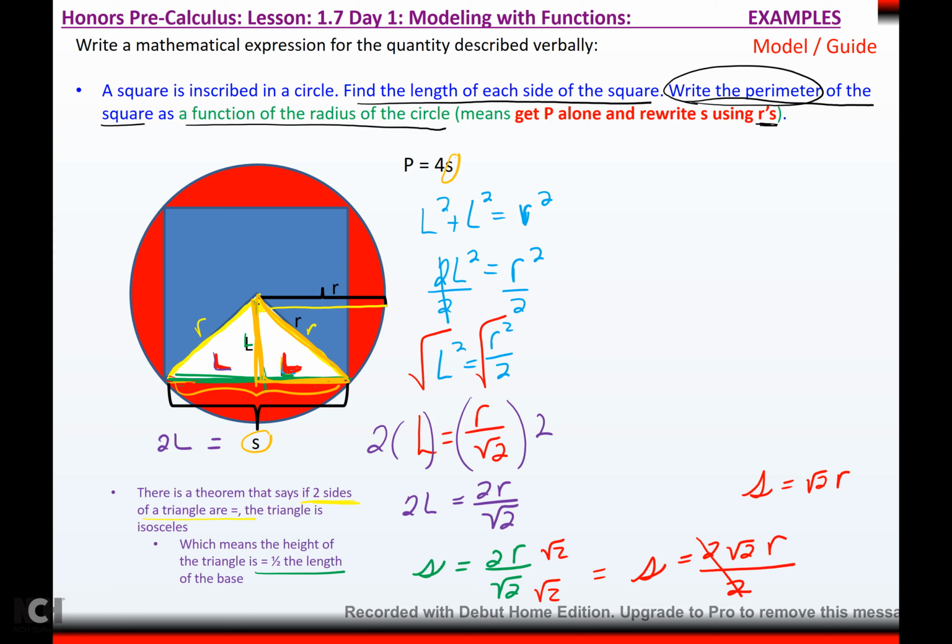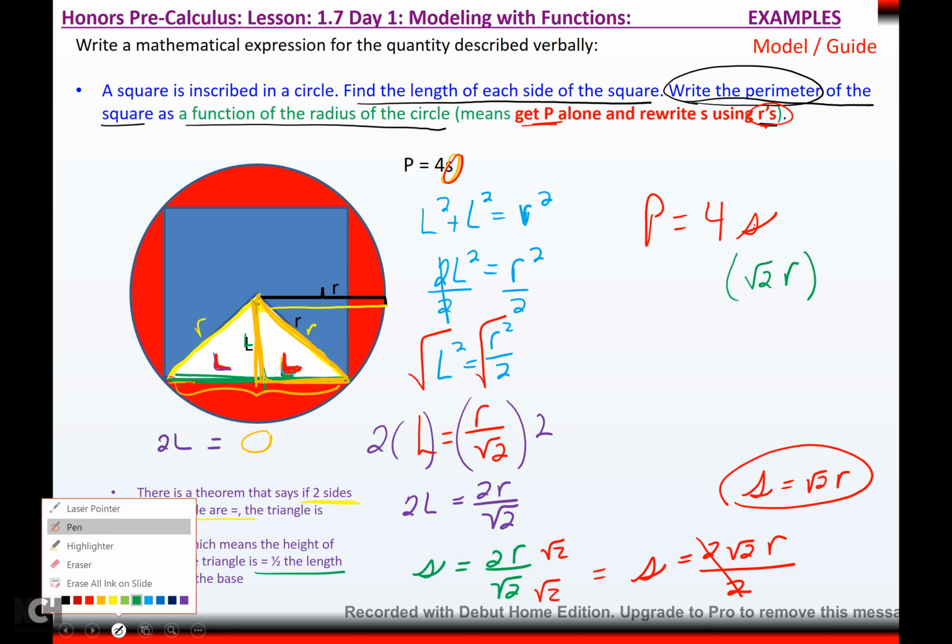Correct? So now that I know what S is, I can plug it in here into my formula, which says perimeter equals 4 times S. But again, they want P alone. I have it, but they don't want it in terms of S. They want it in terms of R, which is why I had to do all this. I can replace that S with the square root of 2R.